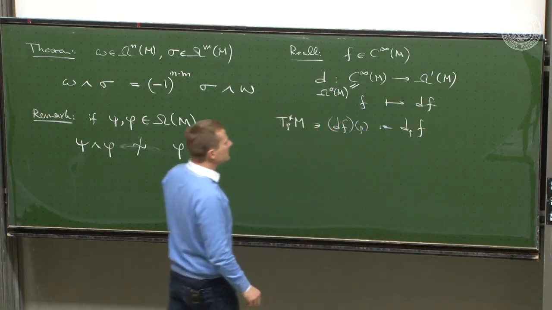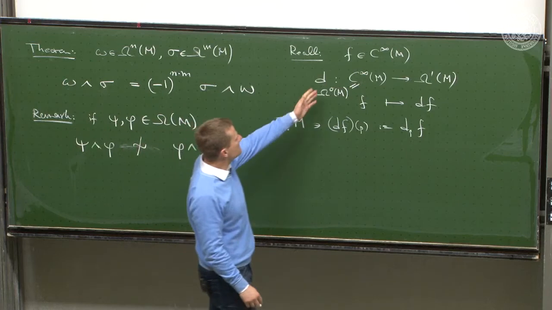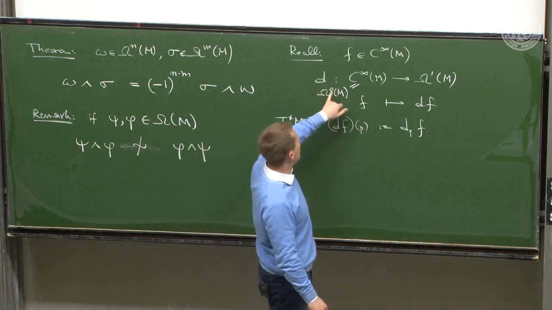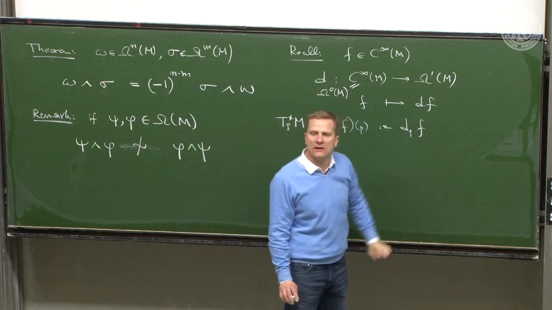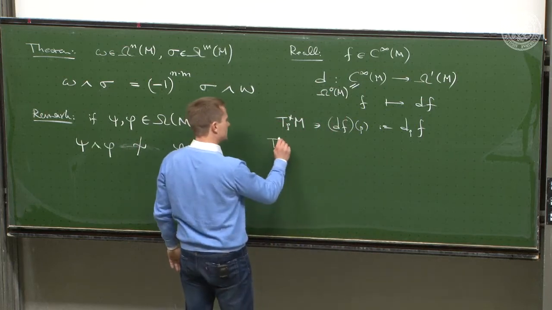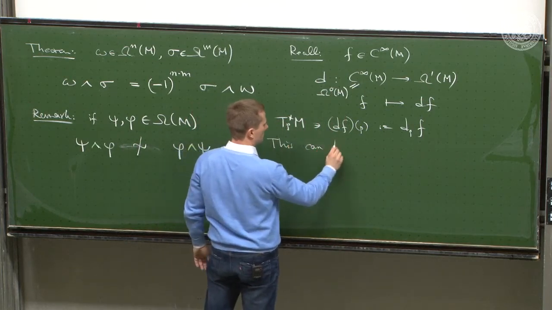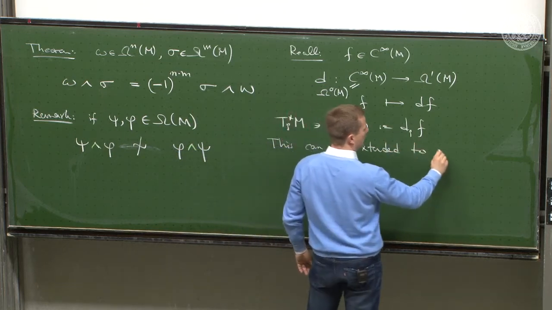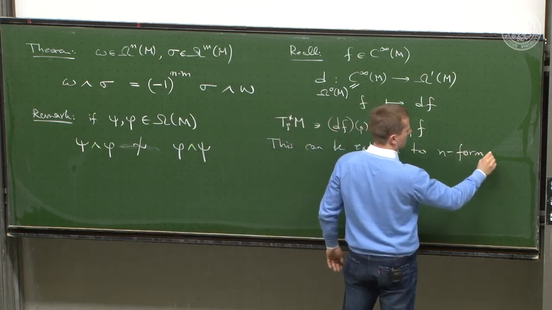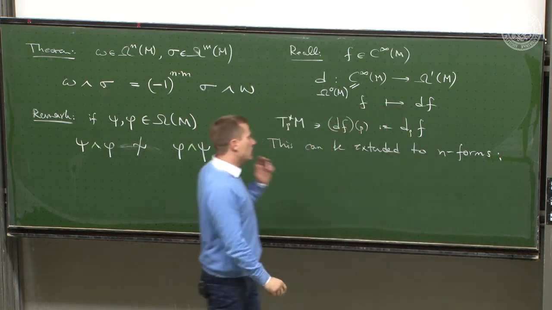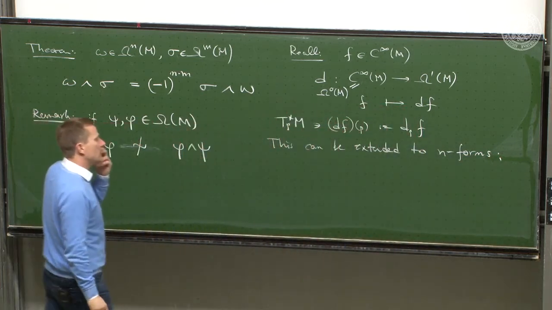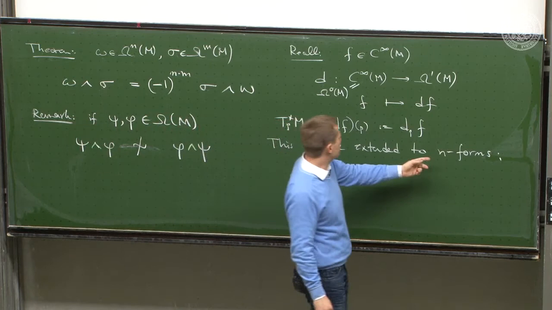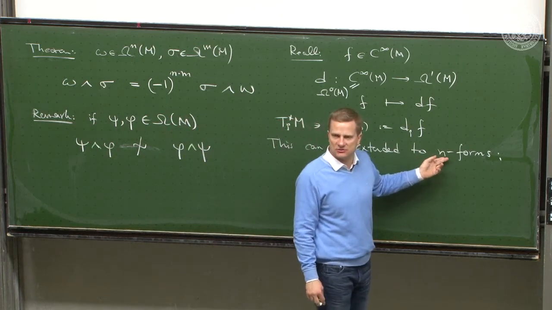And now what we would like to do is extend the d such that it takes an n-form to an n plus 1 form. So this can be extended to n-forms. Now, you ask, okay, you extend it to n-forms, why don't you extend it to any tensors?